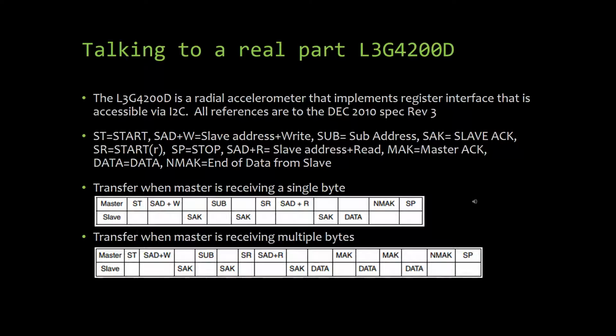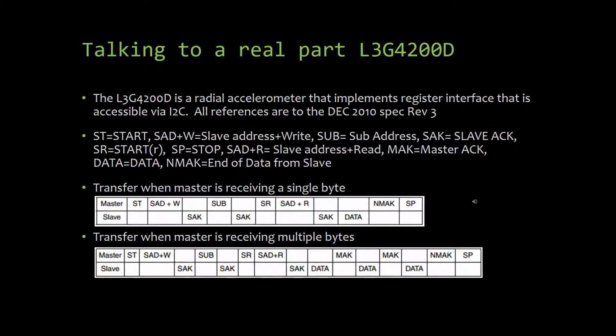This next example is for a multiple byte transfer, and it's very similar to the previous one. We send a start, slave address plus the write signified, followed by an ACK from the slave, the address, in other words the sub, the address we're interested in on the slave, followed by an ACK, followed by a start repeat, and now it's the slave address plus a read, followed by an ACK from the slave, the first data byte followed by an acknowledge, next data byte followed by an acknowledge from the master.